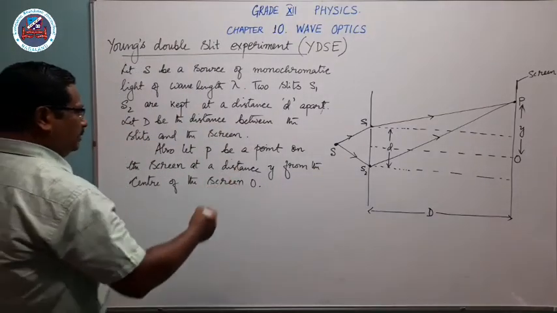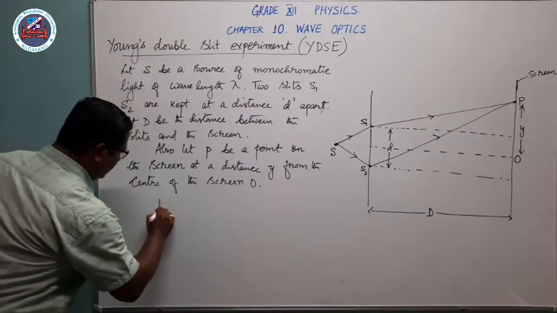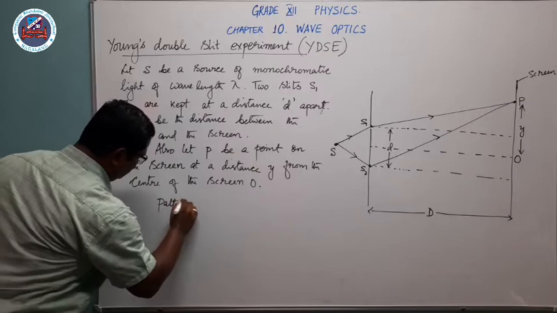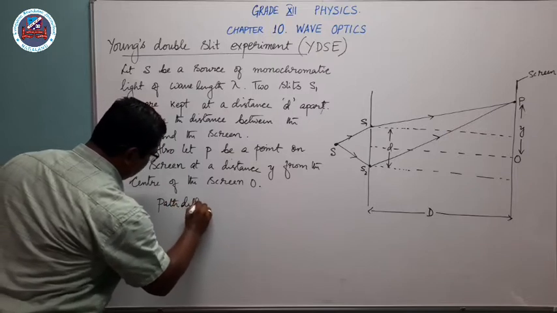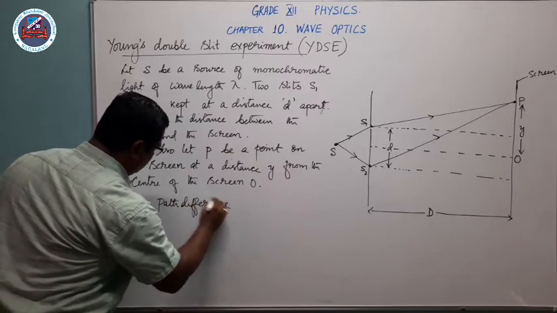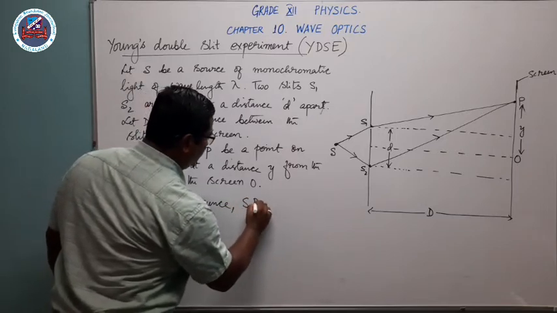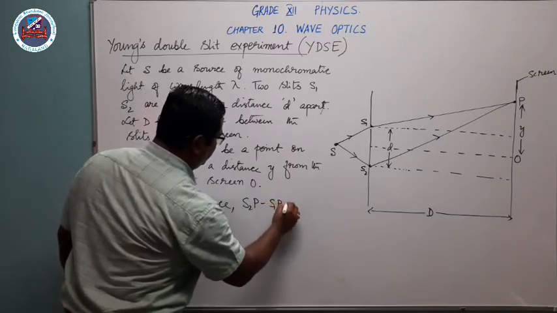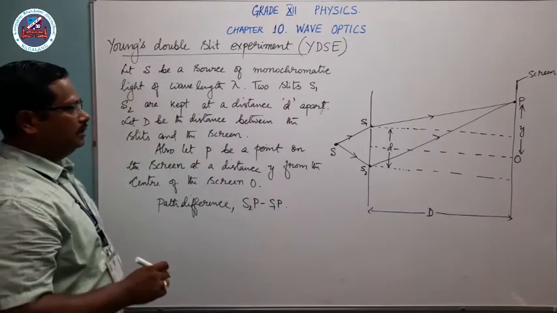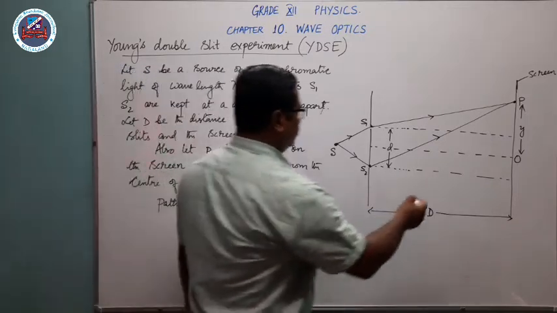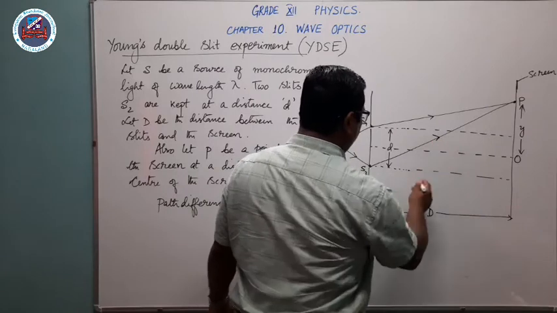To find out the path difference will be your S2P minus S1P. Let us find out. We'll use geometry, or we can call it Pythagoras theorem.